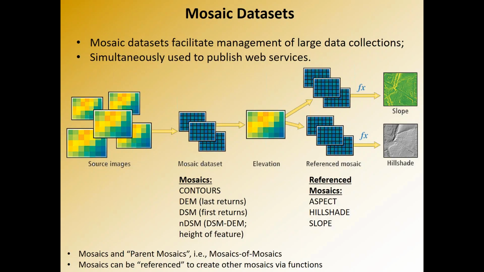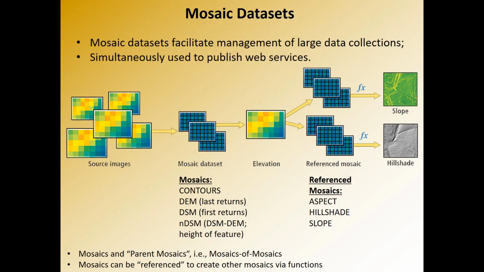We're doing it for contours, all these layers here, and then we can create a service from these mosaics here. There's also this kind of crazy concept of what's called a reference mosaic, and we're going to be able to create reference mosaics for aspect, hillshade, and slope from the elevation mosaic, which basically means we don't actually have to physically have the aspect, hillshade, slope data and load it into a mosaic, because all of those layers are derived from the digital elevation model in the first place.